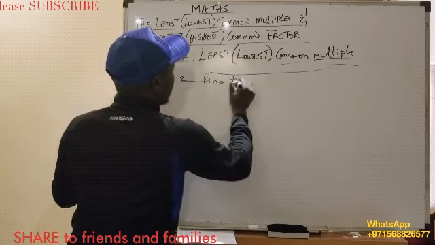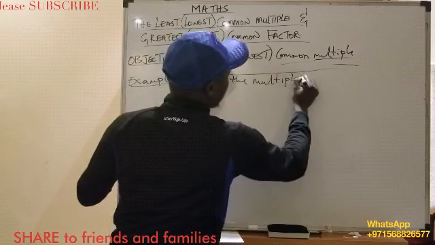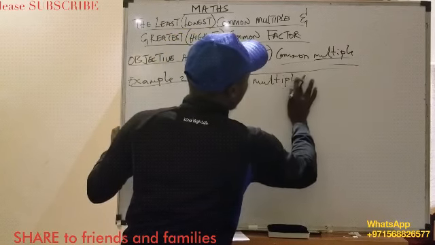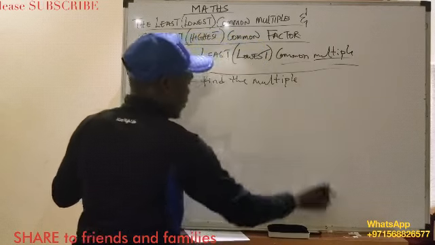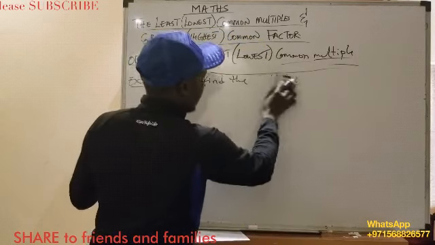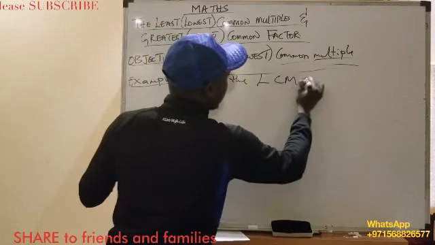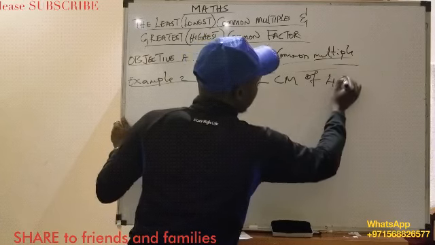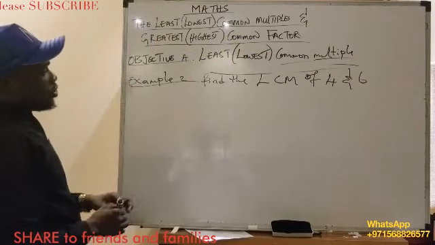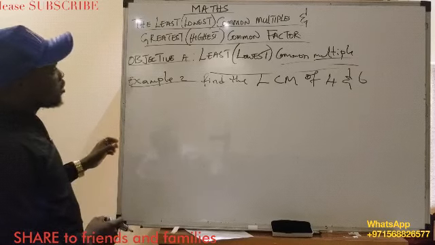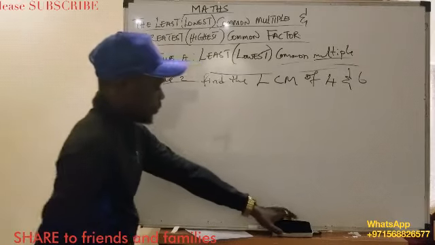Find the LCM of 4 and 6. Let us use this example 2 now to explain the LCM proper. Are we following?